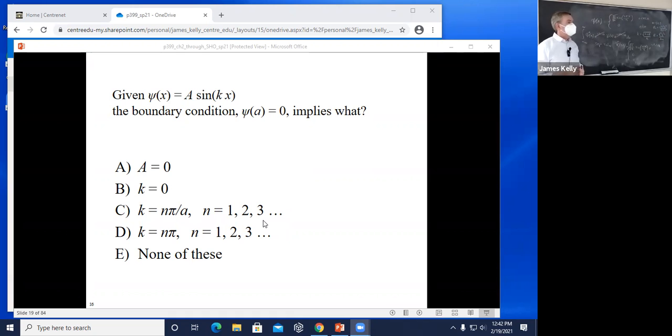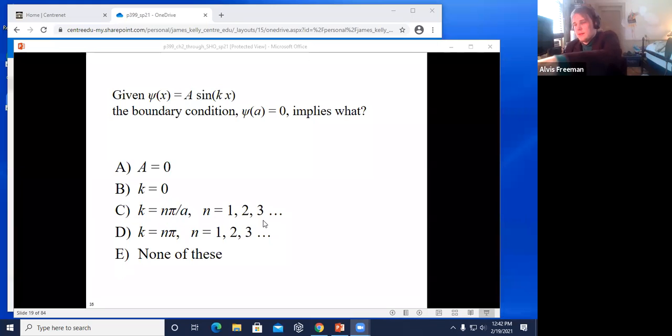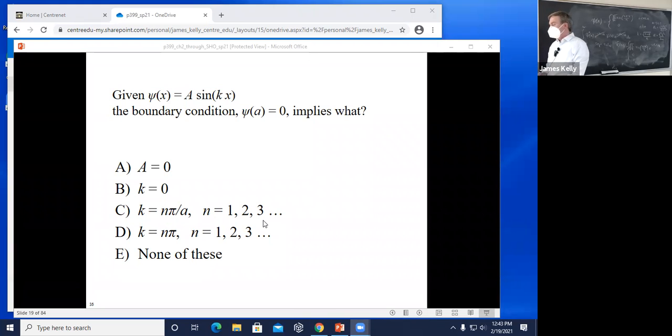Any questions? I was going to collect your homework today on numbers 1 through 8, and I almost forgot. How do I turn in that homework? You can just take photos of it or scan it. If you have a scanner at home, that would be great, but usually people just take photos and attach them to an email, and I'll print them out and grade them and scan them and send them back to you.